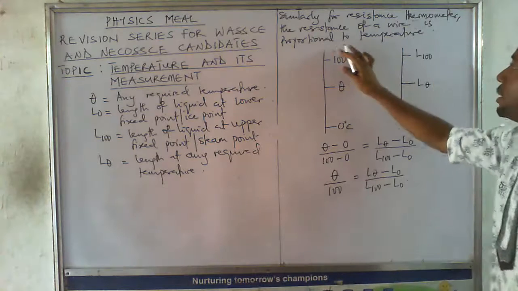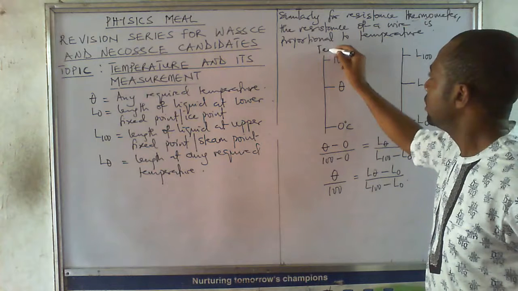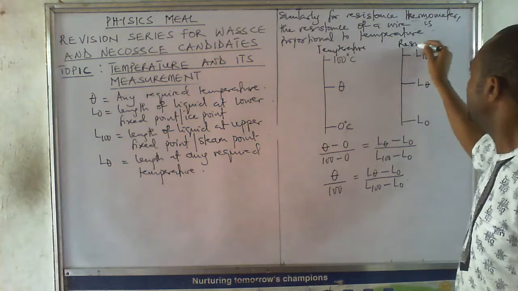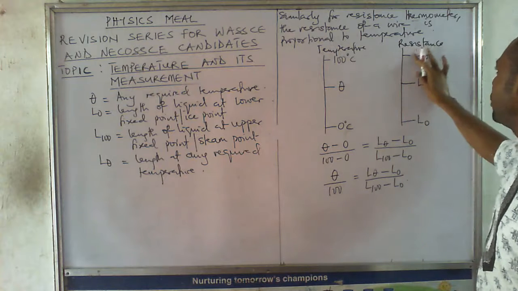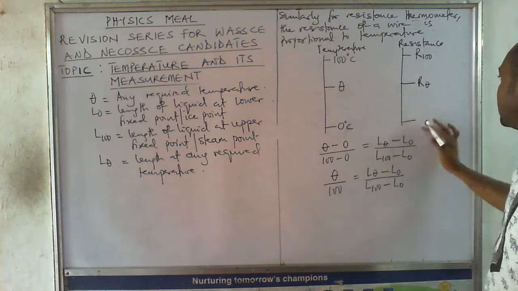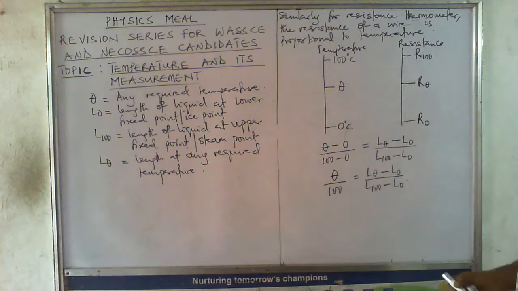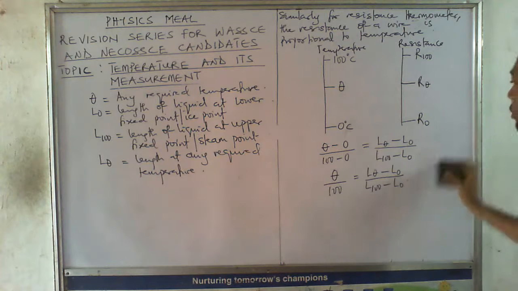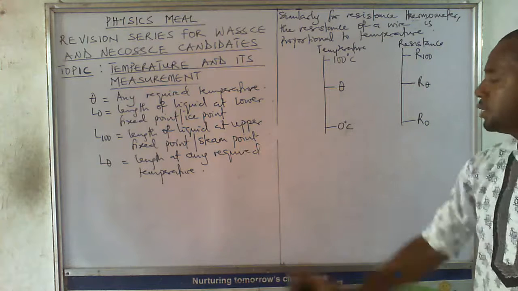So if this is the temperature side, and this is the resistance, all we need to do is to replace this with R for resistance. Okay, so we have taken note of this expression. So for resistance we have that.